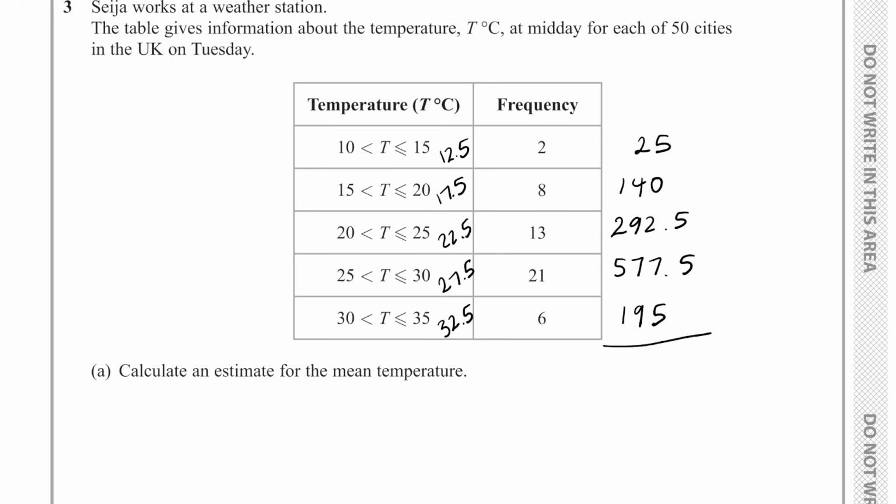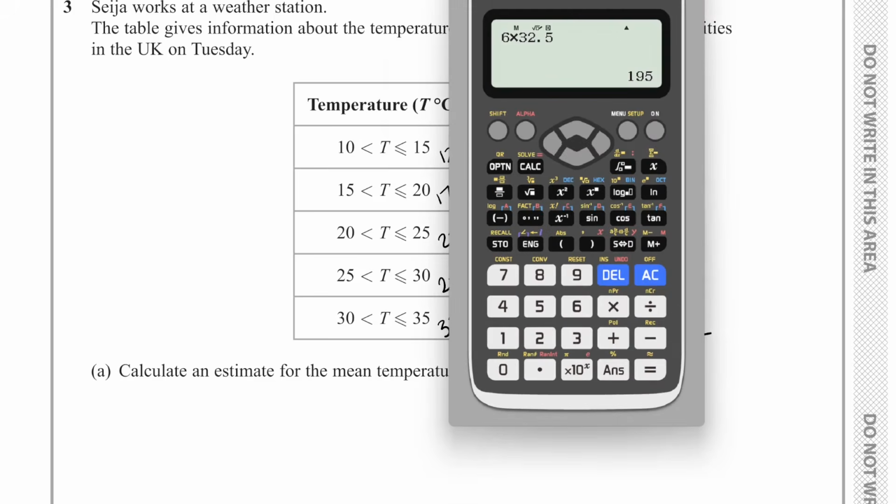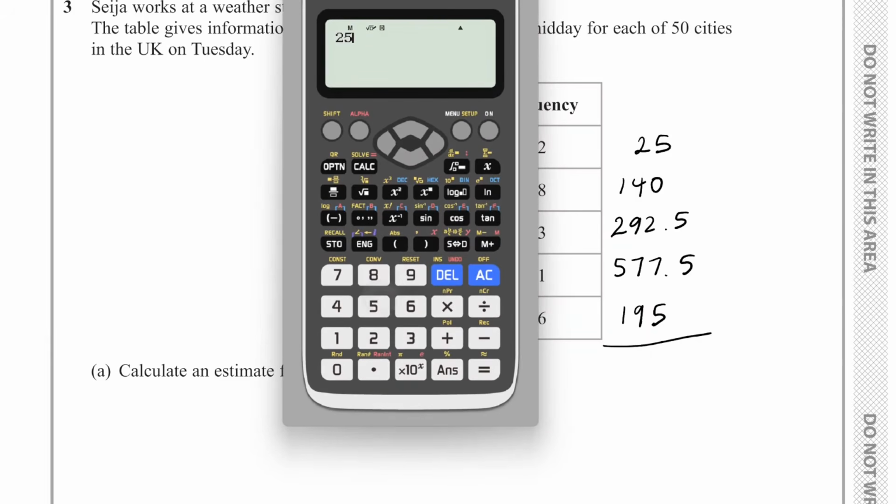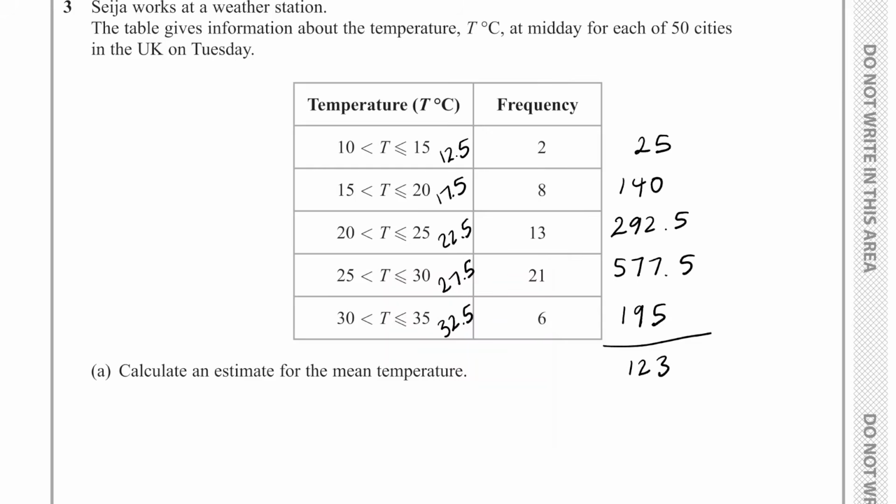So we want to add them all up, so we're going to add down here. So it's 25, 140, 292.5, 577.5, and 195. So in total, they add up to 1,230. So that's all of the temperatures added together now, 1,230.